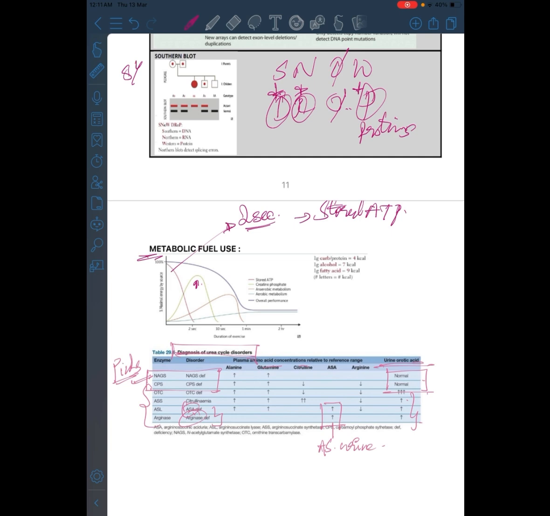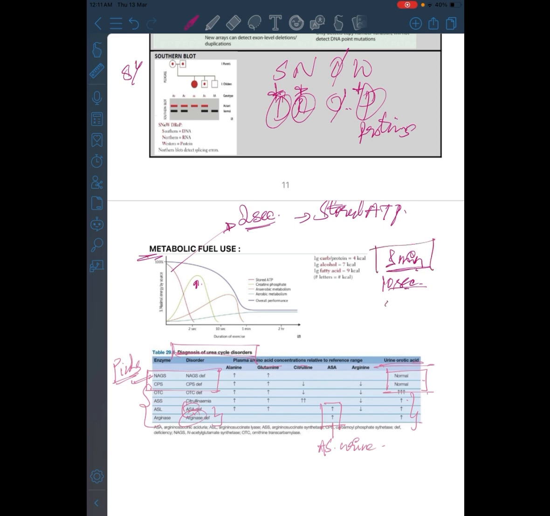Then what happens? If you are running, say, a 400-meter race, you will take at least 1 minute of time. So after the initial 10-second burst, where you will exhaust all your stored ATP and creatine phosphate, what will you do further for covering the rest 300 meters or say 350 meters? Your anaerobic metabolism comes into play for the first 1 minute.